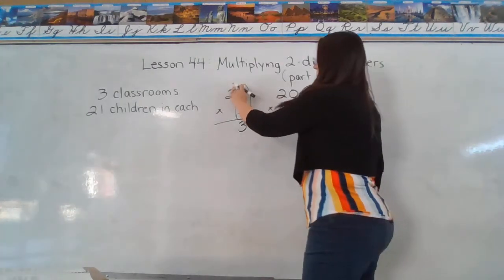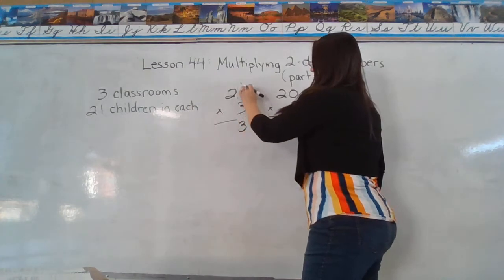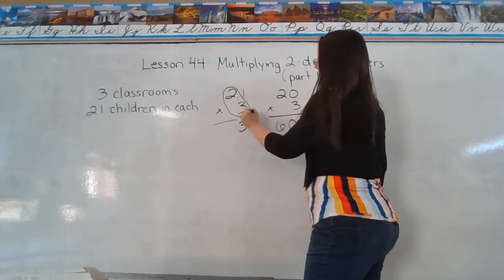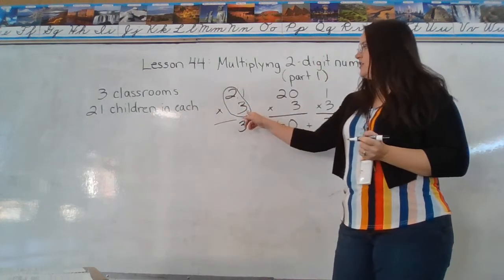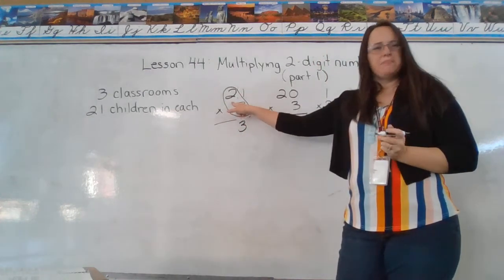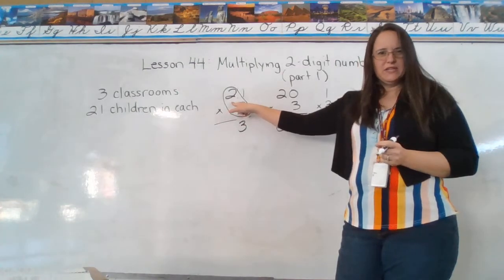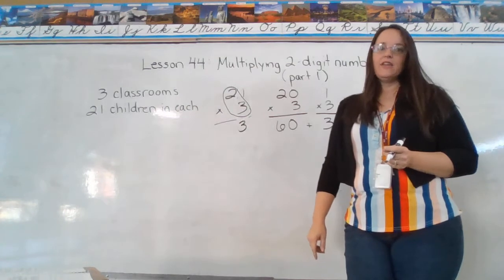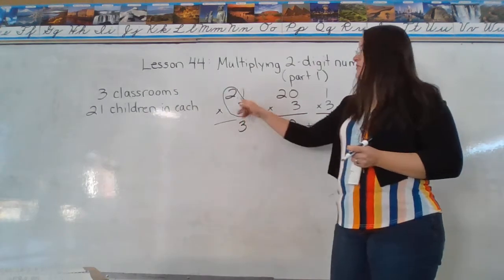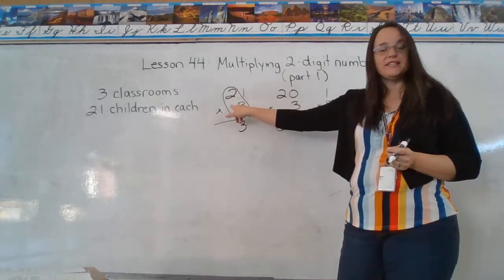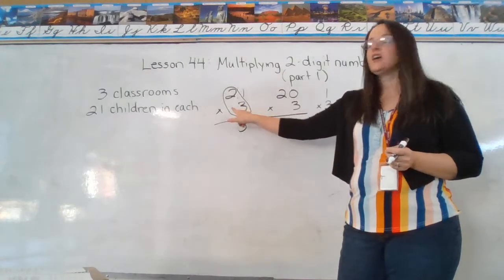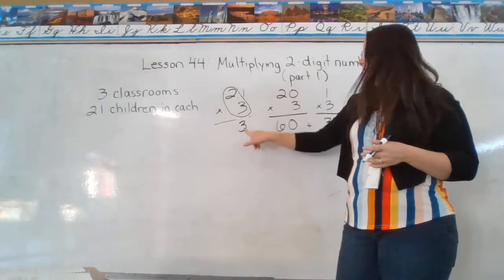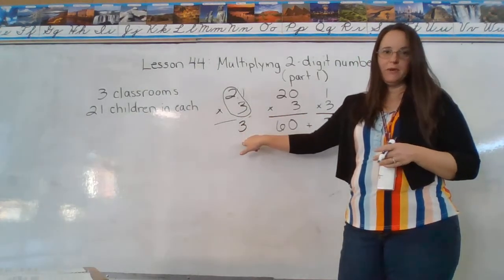Then I ignore the 1, and I just do the 3 times the tens place. So now I'm doing 3 times 2. But is this really 2? Am I trying to figure out what 3 groups of 2 is? No, I'm trying to figure out what 3 groups of 20 is, because this 2 is in my tens place. So when I do this, I kind of ignore the 0, because I've already got a digit in my ones place here.